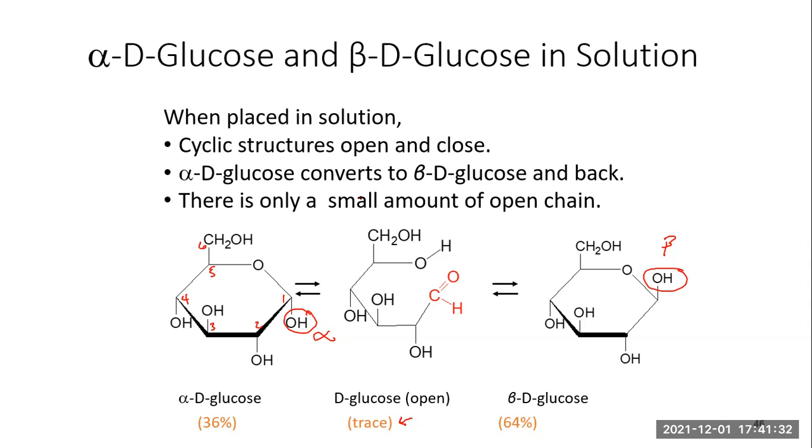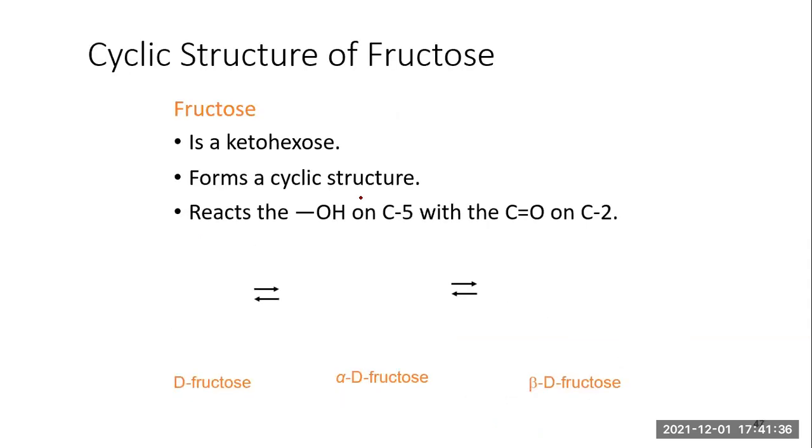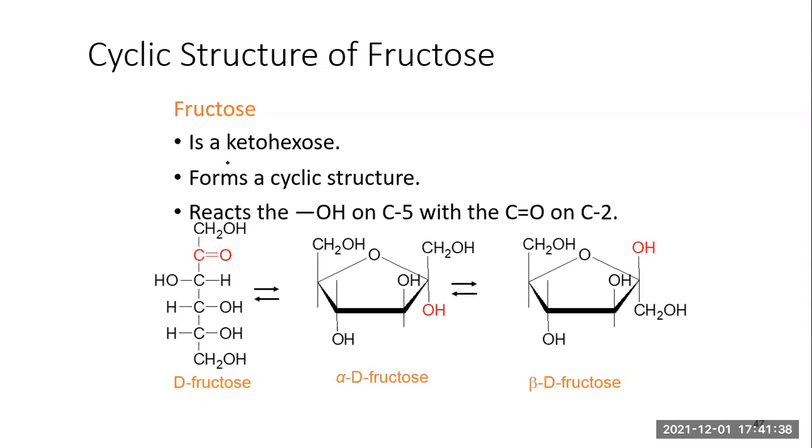Now, when we look at something like fructose, which is also 6 carbons, but it has that keto, that ketone group. Because of that, as we talked about the other day, but just to reiterate, if we counted here, this would be carbon 1, 2, 3, 4, 5, and 6. In the 6 carbon structure, it is going to be that 5th carbon.